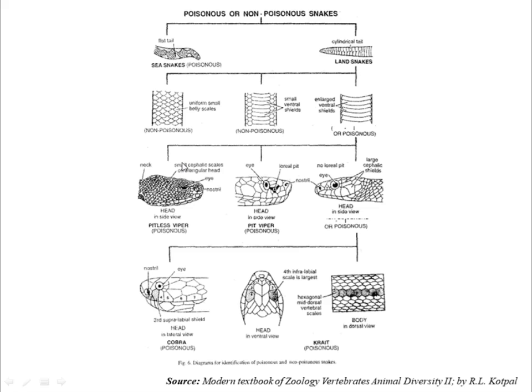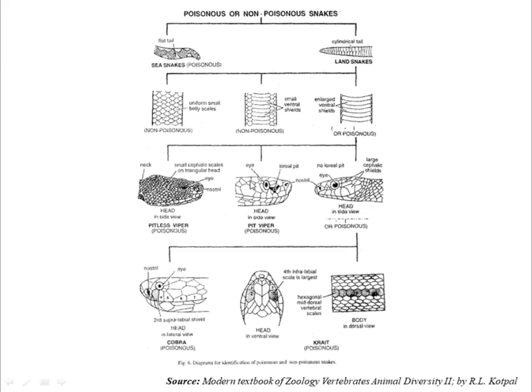If the head of the snake is triangular in shape, as you can see, and it bears numerous small cephalic scales, the scales present on the head are called cephalic scales, then it is a venomous snake and it is a characteristic feature of the pitless viper. Why pitless viper? Because there is no pit present between the nostril and eye. Only small cephalic scales are present. So it is a venomous snake.